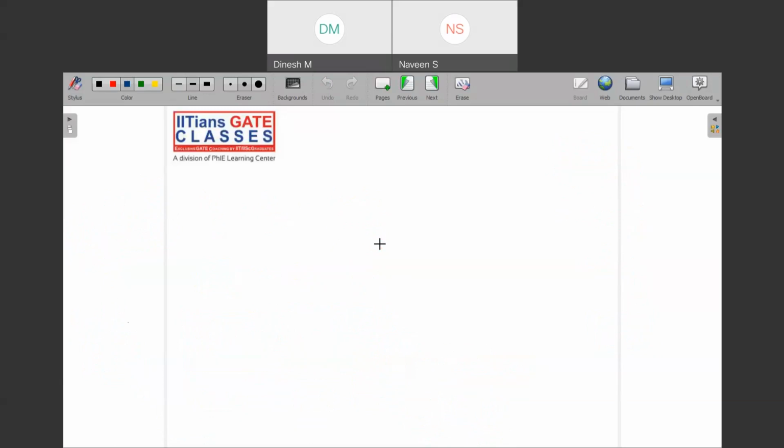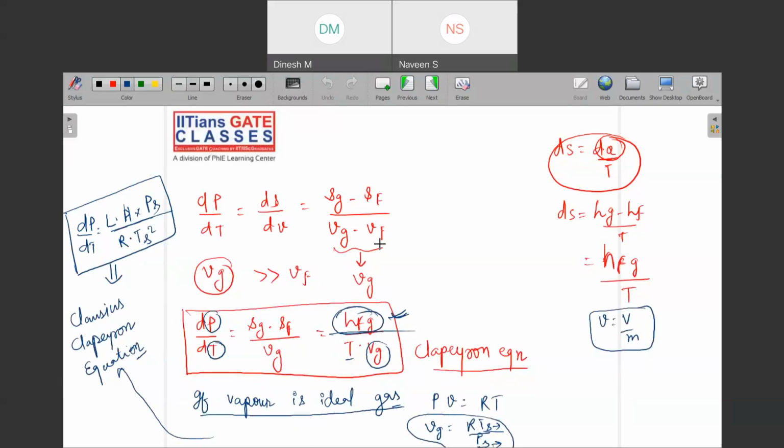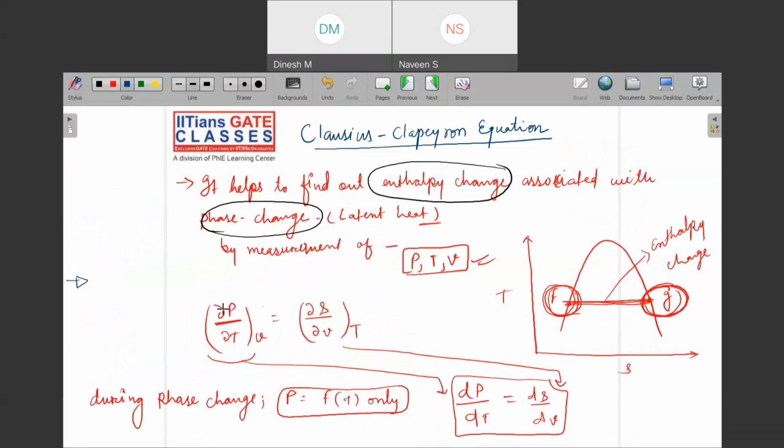Like that, Clausius-Clapeyron helps us find the enthalpy change with the phase change, when we know the changes in pressure, temperature and volume. Okay.